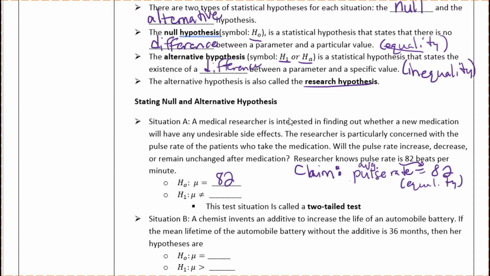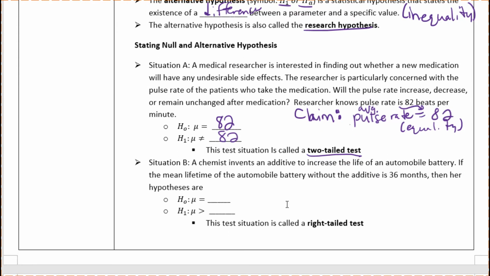And then in this case, you're interested in finding out whether the medication will increase or decrease the pulse rate. So this means that you're saying it does not equal 82 because that's what you want to test. Okay, you want to see if it increases or decreases. This is a two-tailed test because there is no direction. It could either increase or decrease. All right?